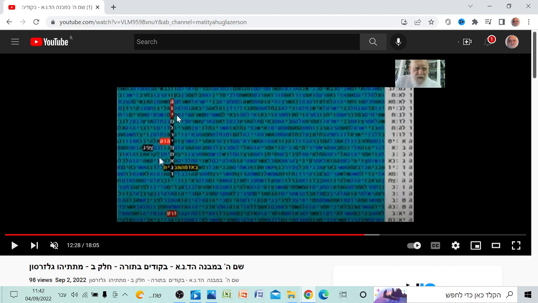156, which is physical, to do with God's name. So it's amazing. Here you have Yud, Vav, 165, exactly what we saw in this finding of the atomic elements, the three main ones, the oxygen, the hydrogen, and the nitrogen, carbon.